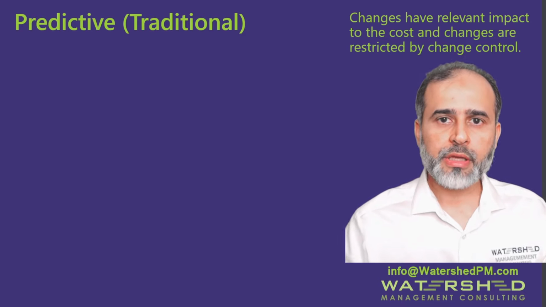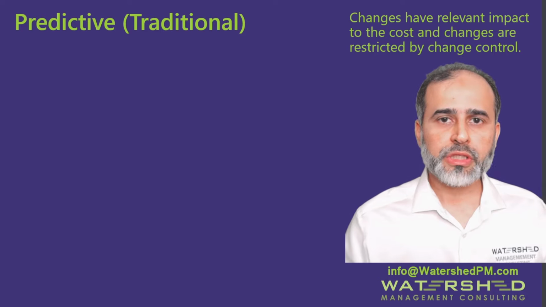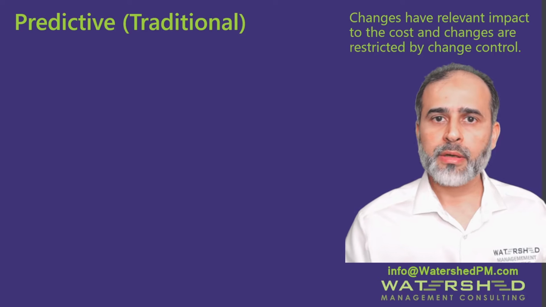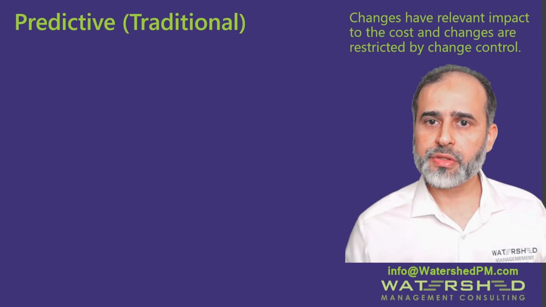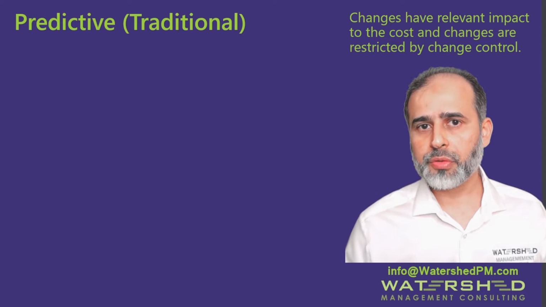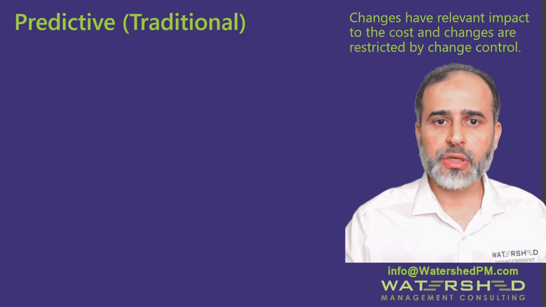The key aspect of this project methodology is that the scope of the project is very well defined, and usually the scope is agreed upon between the different stakeholders, and therefore you would be able to plan for the whole project before you start the execution.